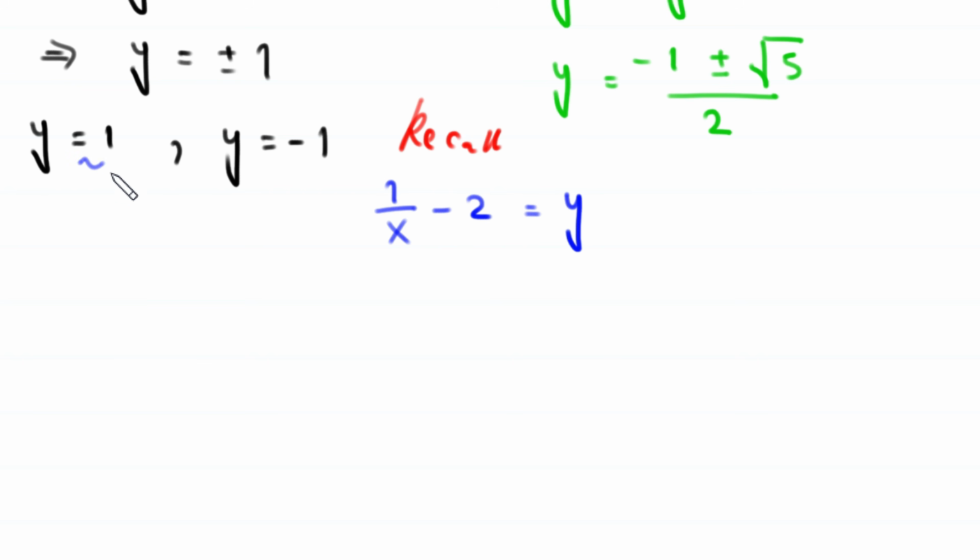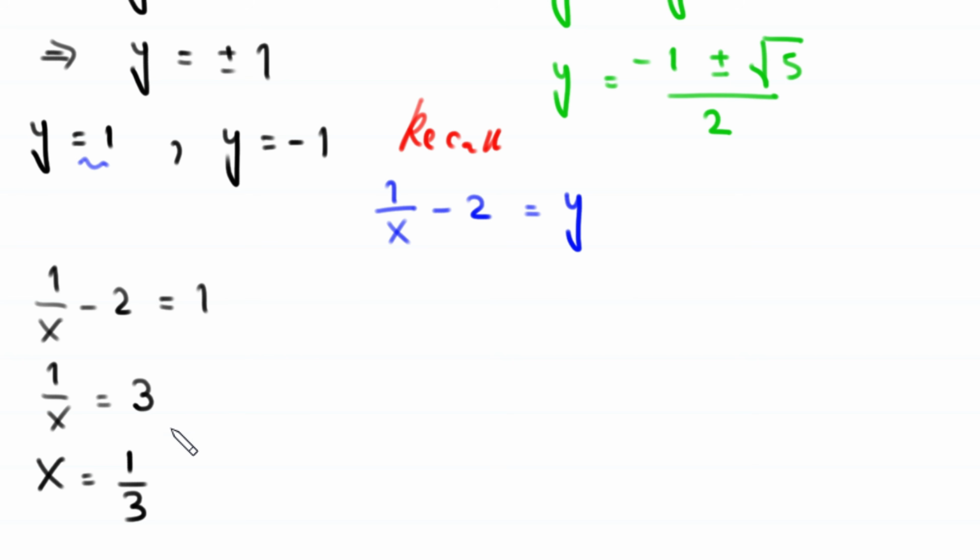When y is 1, then this will become 1 over x minus 2 equal to 1. Move this negative 2 to the right hand side, this will become 1 over x equal to 3. If we take a reciprocal on both sides, this implies that x is equal to 1 over 3.